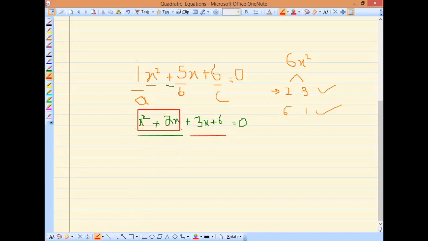This part and this part. Okay then. So here what are we going to do? We will take common from them. Means we will take two commons because there are two parts, so the commons will also be two.